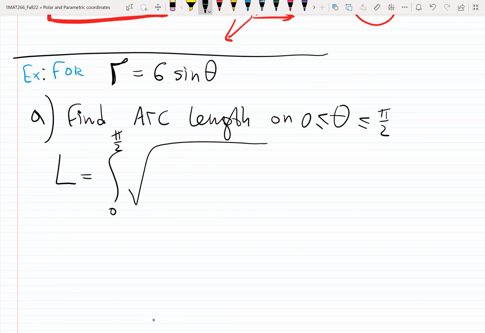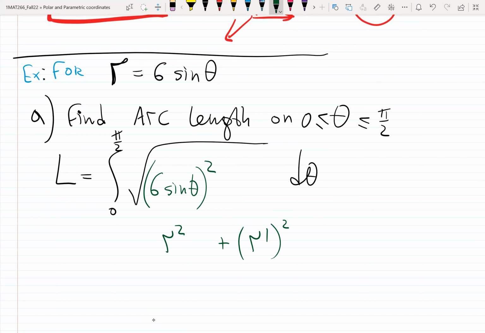Arc lengths always have a huge square root. That's supposed to trigger the memory of the formula. d theta at the end. And then it's original squared plus derivative squared. Original squared is 6 sine theta squared, so it's r squared, plus derivative squared.